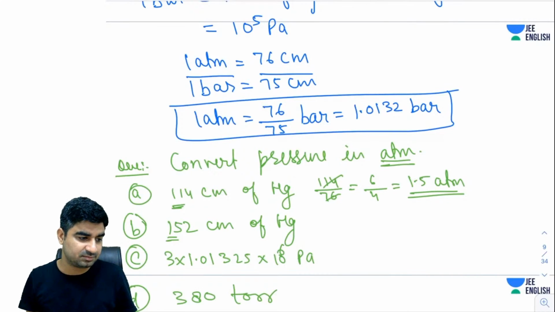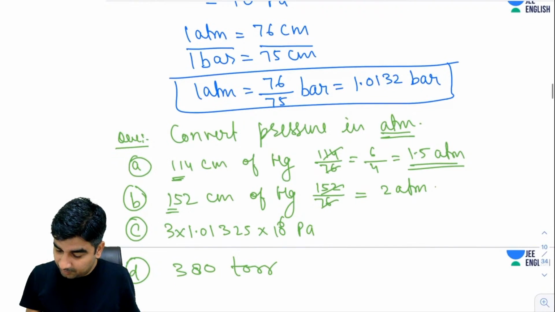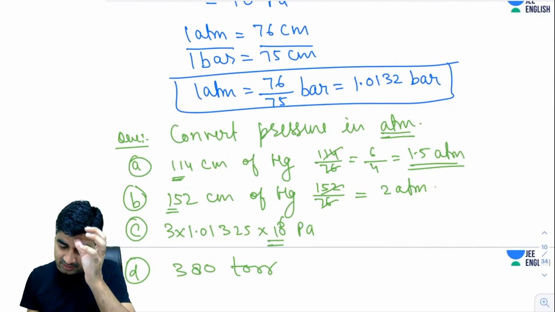Yes, Somil, Ravi, Shiva, Reddy, it will be 2 atm. Now here you have to divide it by this.